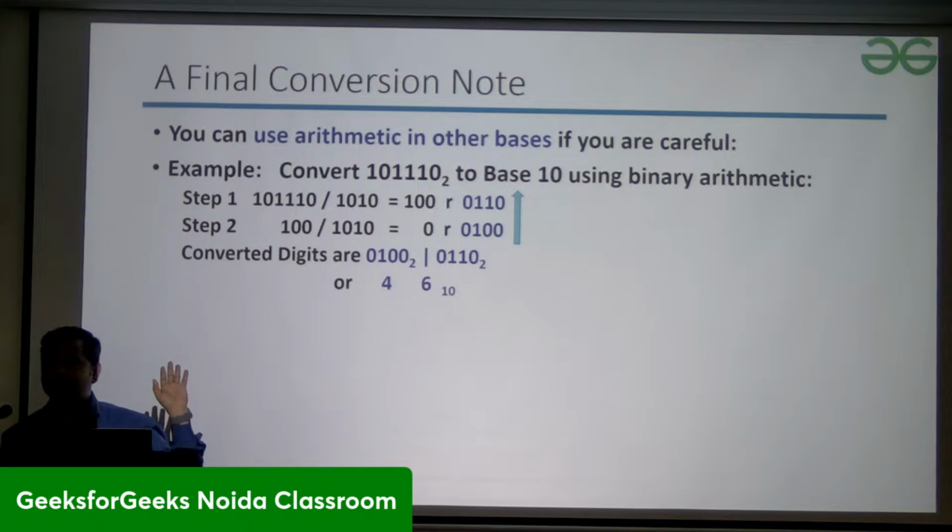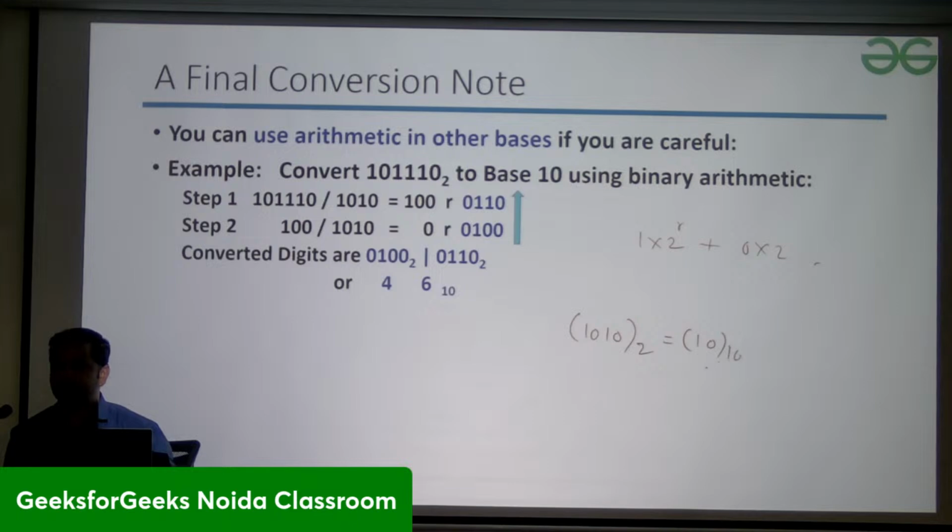We have seen the traditional method, 1 multiplied by 2 to the power r minus 1 and so on, plus 0 into 2 to the power something and so on. This is the very traditional way. We can apply arithmetic on the binary system itself. Base 10 can be represented in binary as 1010 base 2. This is equivalent to 10 in base 10, isn't it?